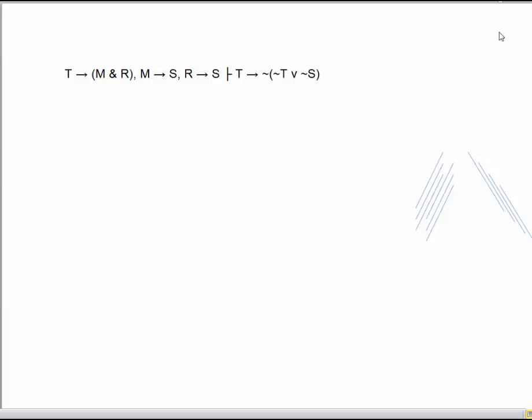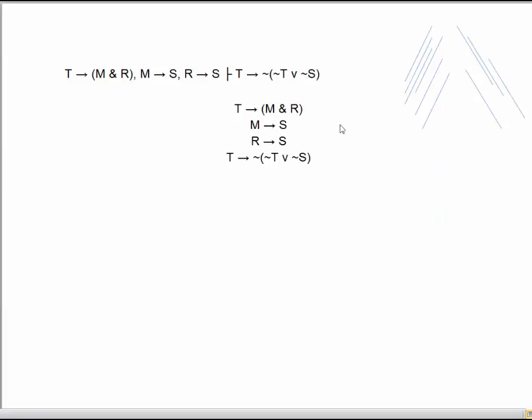So when you're given an argument like this, the first thing you have to do is to write it down in the proper way. So you're going to have to rewrite all of these. Don't just use the existing typed argument as part of your proof. So you line everything up vertically like this. The premises come first and the conclusion is written at the end.